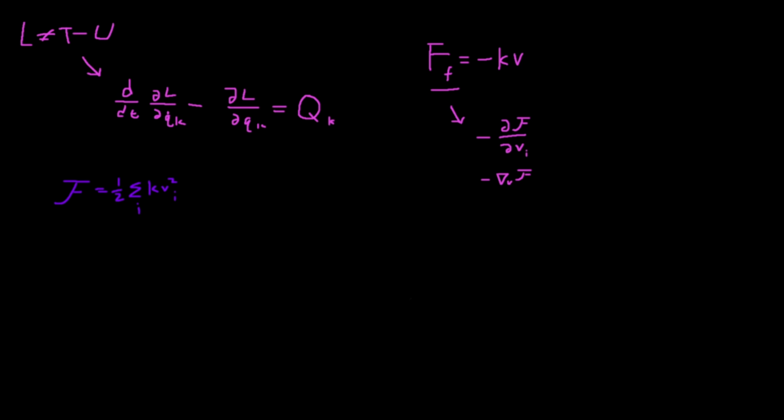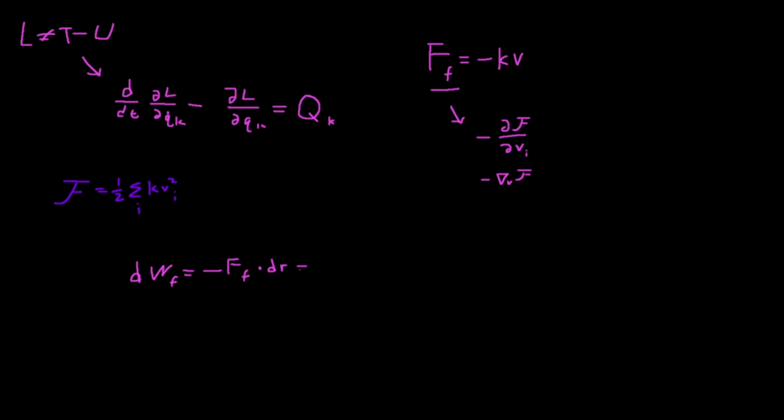So the work done by the system against friction is going to be dW equals minus F sub F, or rather the dot product with the radius differential. This should be a definition that we're pretty clear with from elementary mechanics.